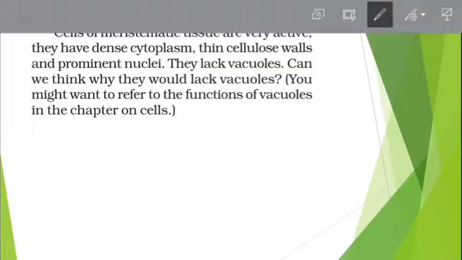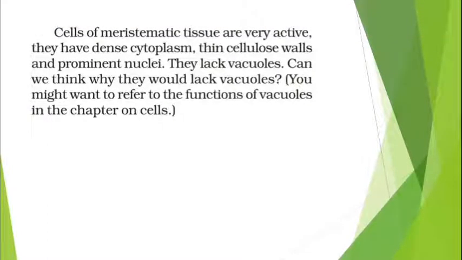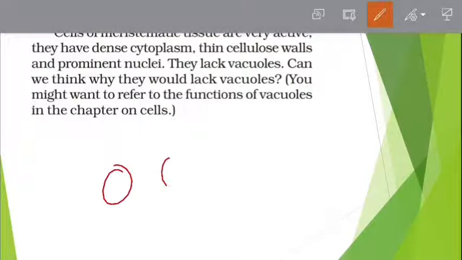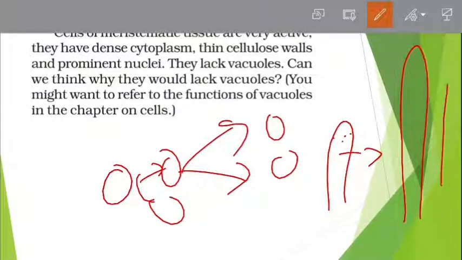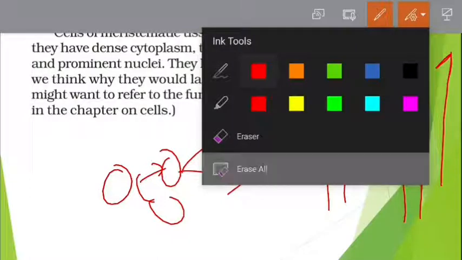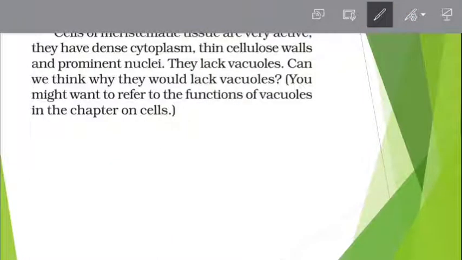Okay, now we quickly see the cells of the meristematic tissue. The cells of meristematic tissue are very active, meaning they continuously divide. The cells continuously divide and increase the length of the stem. So if the cell is continuously dividing, then it should have some characteristics.